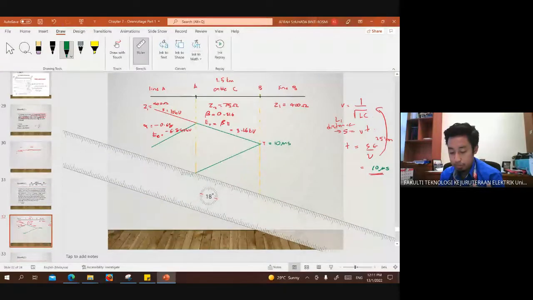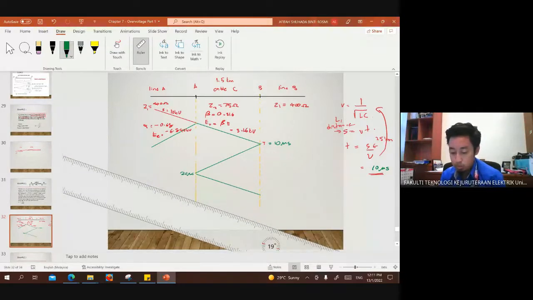back. Sebabnya bila soalan dia tanya berapa nilai selepas daripada 20 microsecond, so kita akan cari selepas daripada 20 microsecond itu voltage yang kat sini lah. So dekat sini yang ni adalah transmit, tapi bila kat sini macam I told you before, this value is the value of reflection. Bila value of reflection, you must know the value of alpha here. Okay. So the alpha based on this impedance yang dekat sini dan juga impedance dekat sini.